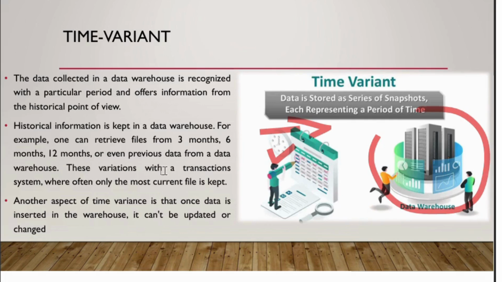These vary from transaction systems, where often only the most current file is kept. Another aspect of this time variance is that once data is inserted in data warehouse, it cannot be updated or changed. This can also be said to be a downside of it because once you do it, you cannot update it again. So you have to think twice before entering that data. That's what it's talking about.